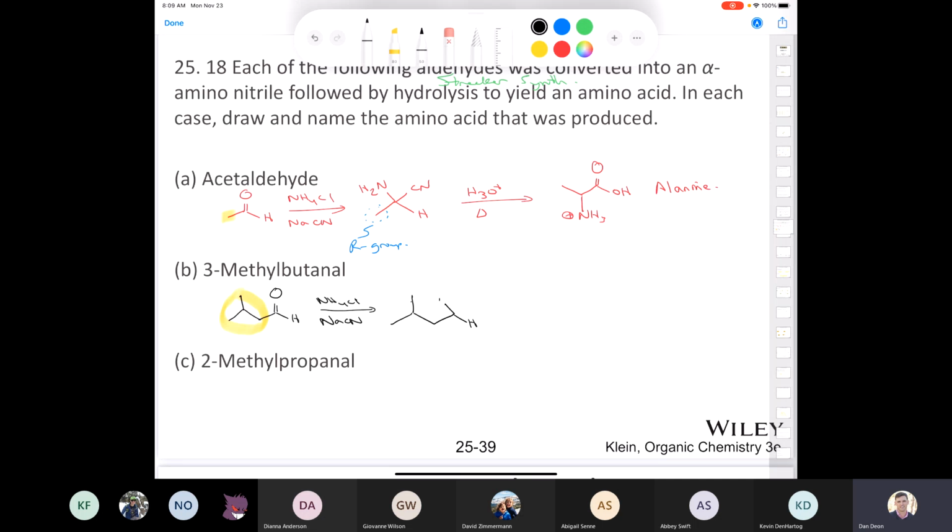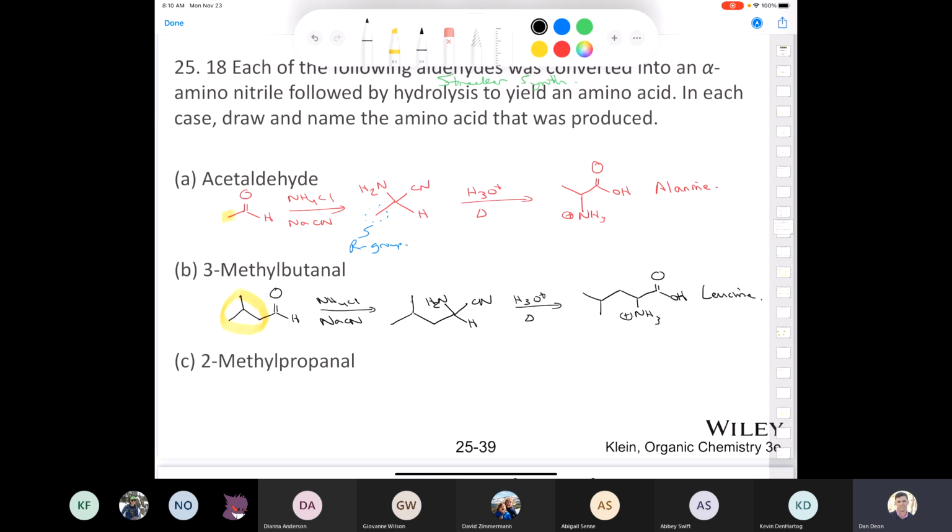Looks like this. So we have our amino group. We have our nitrile like this. And then we're just going to hydrolyze that in aqueous acid. And we probably heat that up to reflux for a few hours or something. And then we end up with the protonated amine and the carboxyl. And when we have an isobutyl, we get leucine.